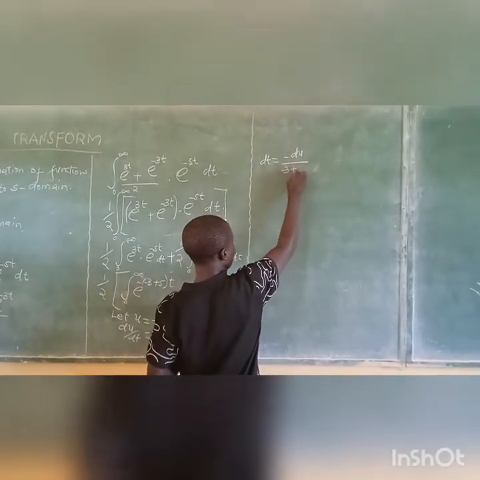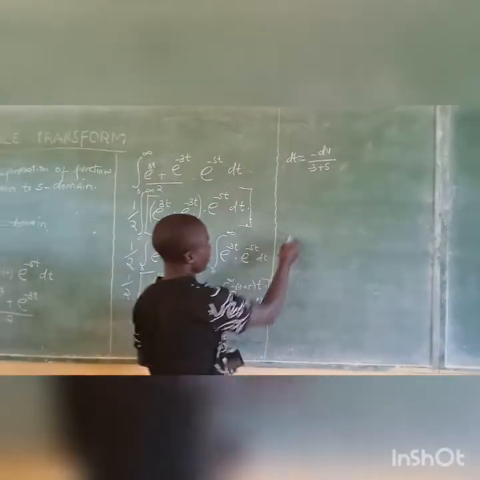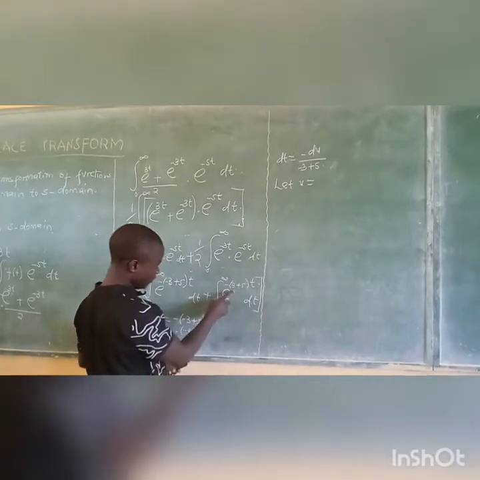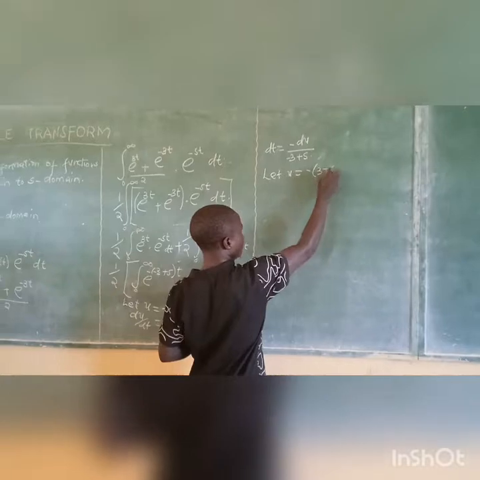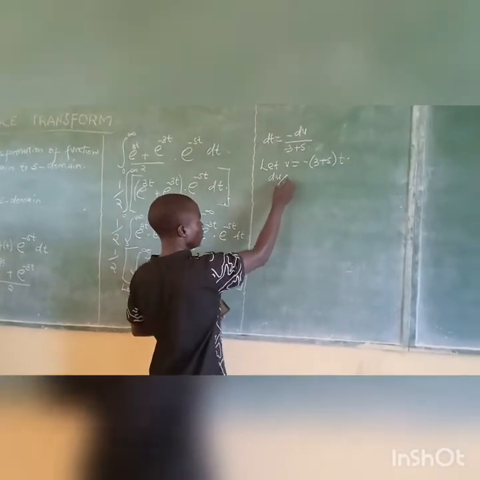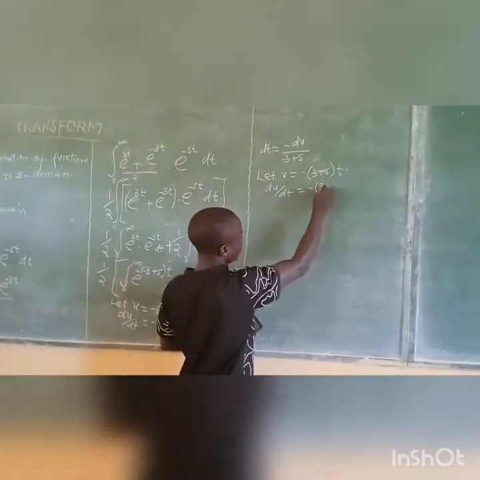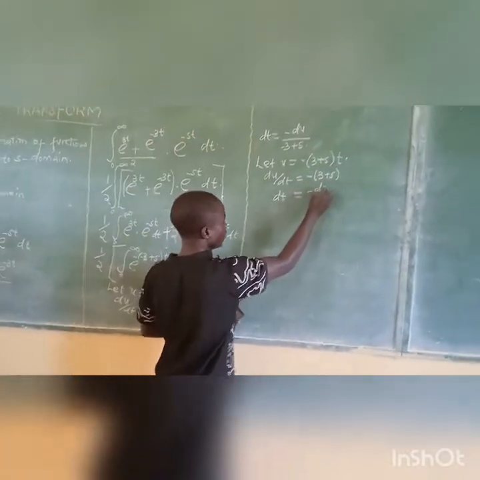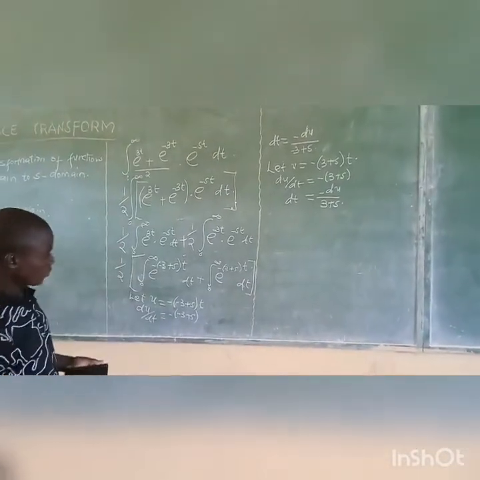Then for this side, let u be negative into bracket 3 plus s, then t. Our du dt will be negative 3 plus s, meaning dt will be negative du over 3 plus s.